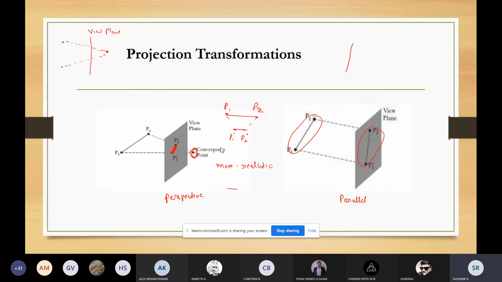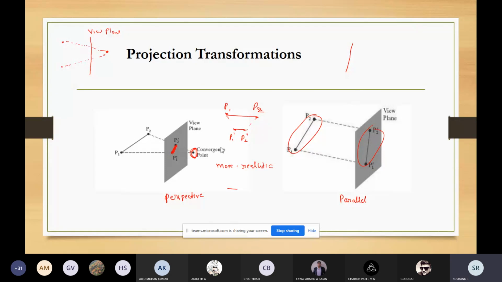So these are the two kinds of transformations which we have. One is parallel projection, and the second one is perspective projection. Parallel projection means the size doesn't change, or the size will be maintained. In perspective projection, the size will be altered, and it will also be more realistic in the sense that faraway objects will appear smaller. So this is regarding the perspective transformations.